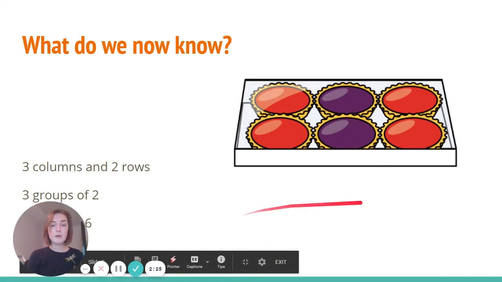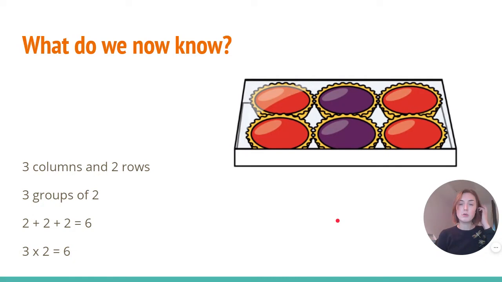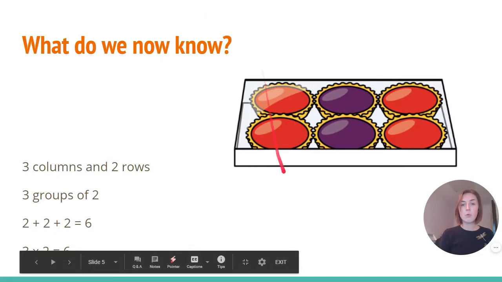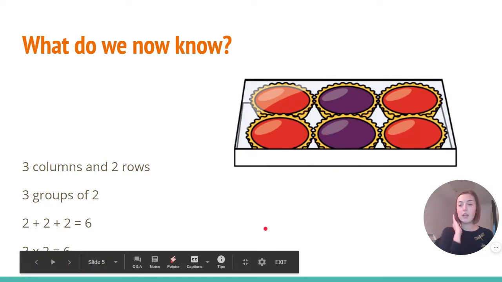So now that we've got a bit of extra learning since we last looked at arrays, what do we now know? Looking at this array, I know that I've got 3 columns, 1, 2, 3, and 2 rows, 1, 2. And we've been calling that 3 groups of 2. I've got 3 groups with 2 little cakes in each group.